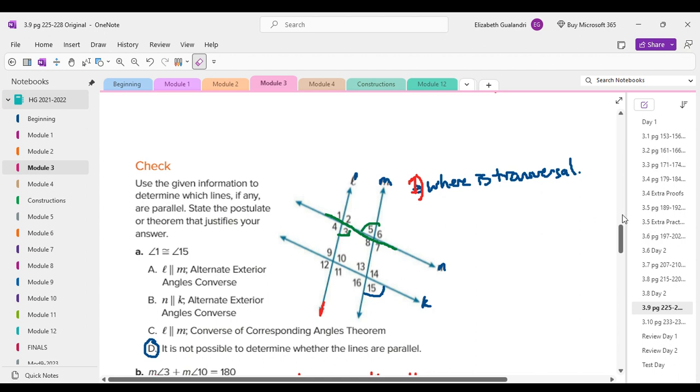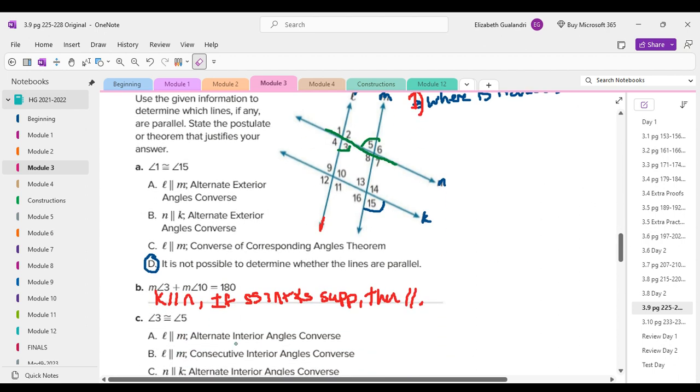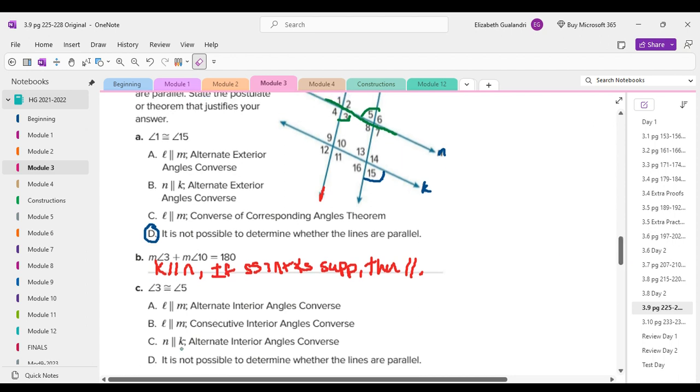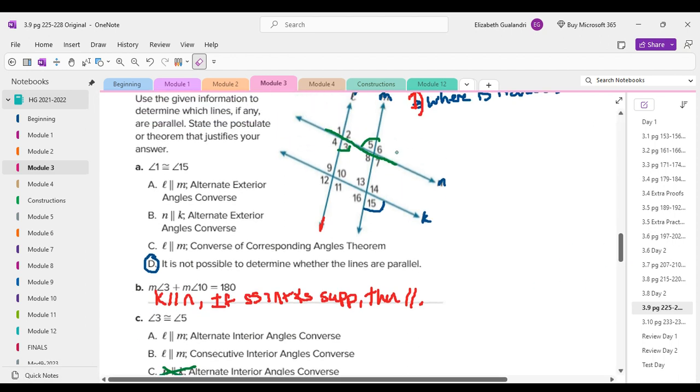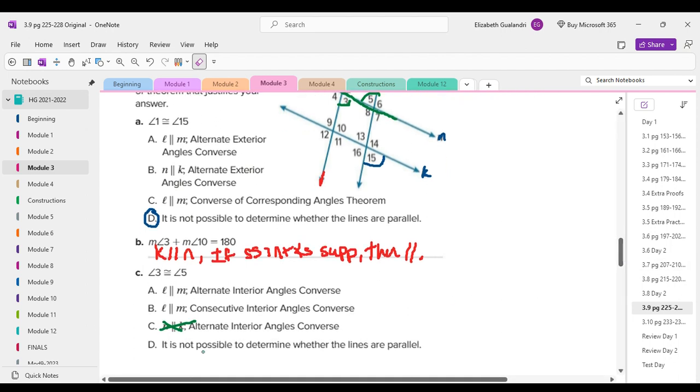That makes lines L and M the ones that are possibly going to be parallel to each other. So it's not N and K. And if I'm looking at the reason, these two are alternate interior angles. So we would look at the alternate interior angles converse because it's written that way. The reasoning is, if alternate interior angles are congruent, then we have parallel lines. Okay, so that's what you see there.